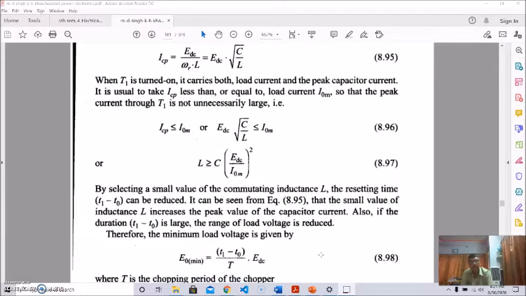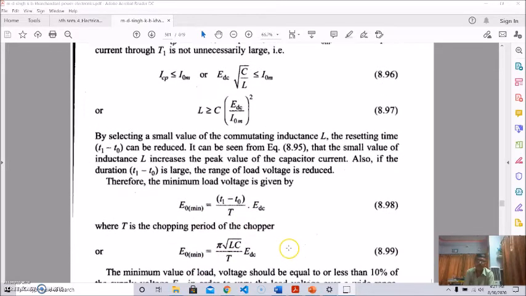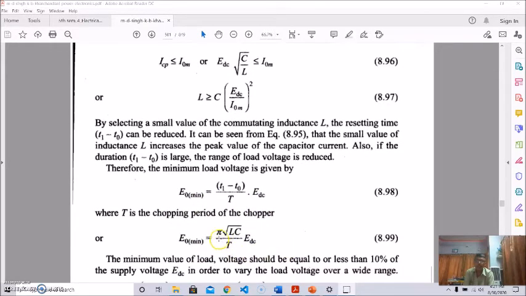Therefore, the minimum load voltage is given by EO minimum equal to (T1 minus T0) by T, that is the conduction time, into EDC, where T is the chopping period of the chopper. Or EO minimum equals pi into root over LC by T into EDC.